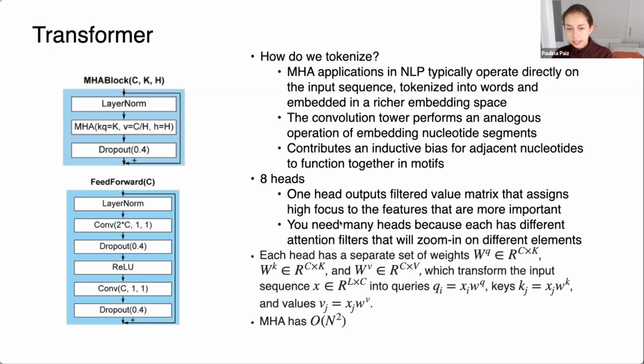And each head does that by having a separate set of weights. So not only does each head have different attention filters, but within each head, you have weights for the queries, the keys, and the values. And those are the ones that transform the input sequence into the attention filter that you need.